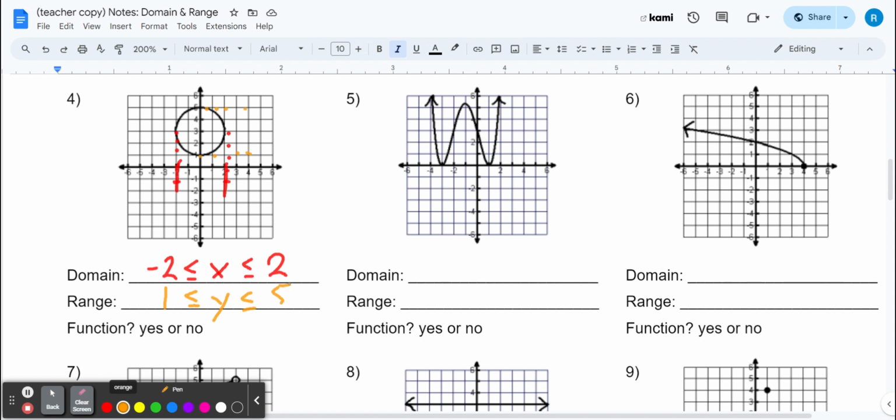That covers my lower bound here and my upper bound here. If you wanted to, you could also write this as 1 is less than or equal to f of x is less than or equal to 5, if you want. That's just a different notation describing our output.